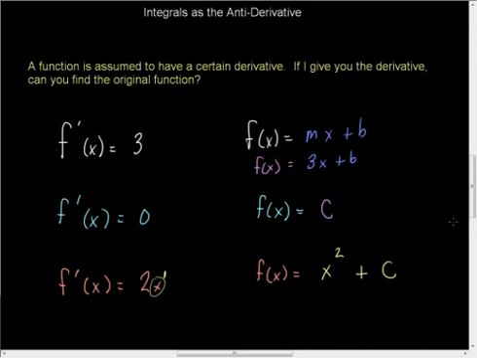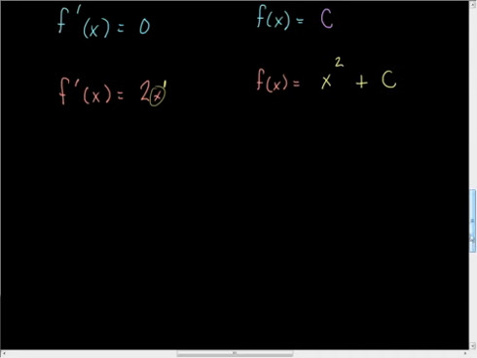So how do we write this? Let's suppose that I have some kind of a derivative function, and I wanted to find the antiderivative of it. I'm going to start calling this capital F. The reason being is the capital F is the integral, and the little f is the function, or the derivative of the integral.